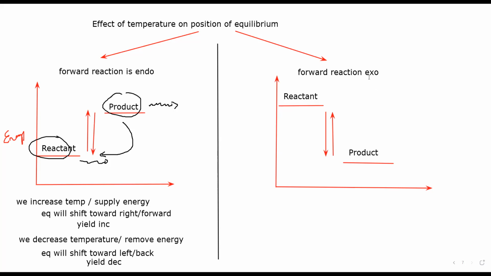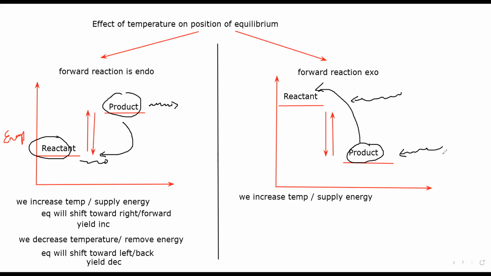Then if the forward reaction is exothermic, that means the product has low energy and the reactant has high energy. And now we are supplying energy. If we supply energy, the reactant can also absorb energy, and the product can also absorb energy. But what happens when the product absorbs energy? What does it form? It will form back the reactant.